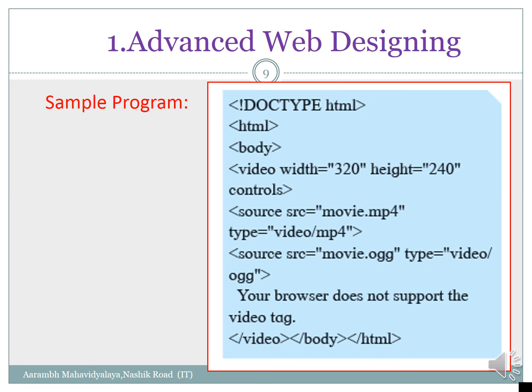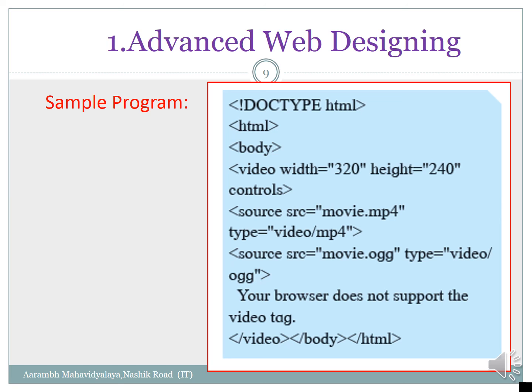Here is a sample program to insert a video on a web page. Again, exclamatory doctype html, body, then video. We have specified here width as 320 pixels, height as 240 pixels, and then provided the source as movie.mp4 with the type as MP4.